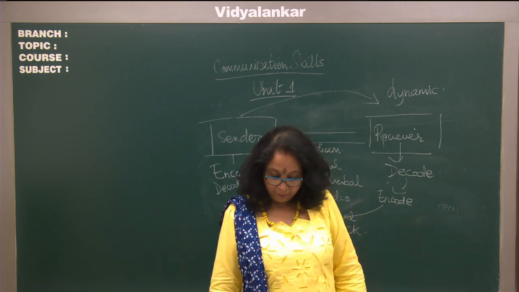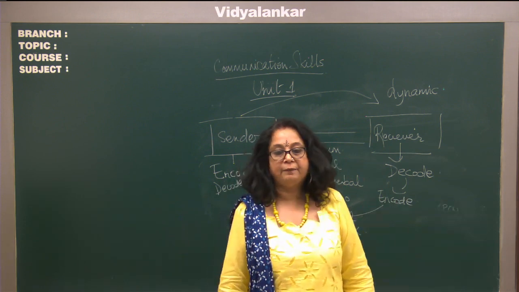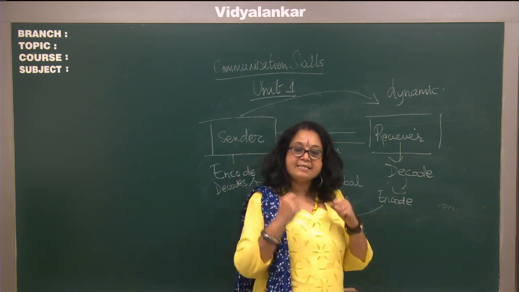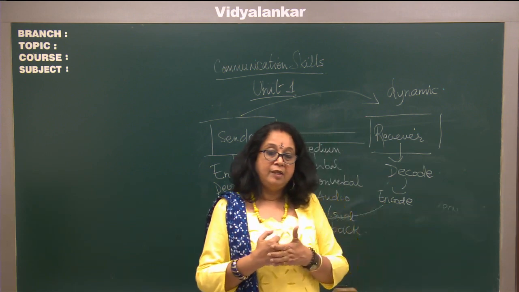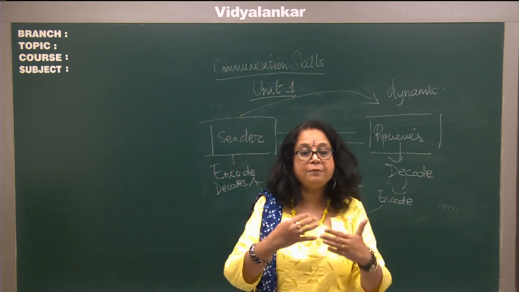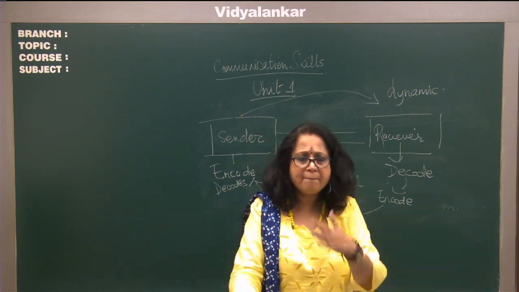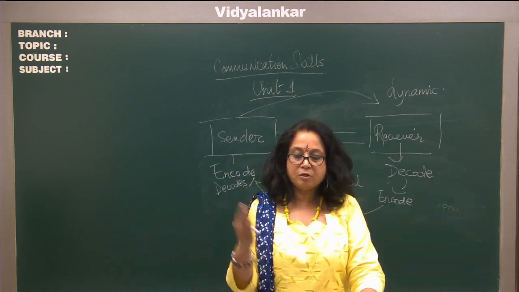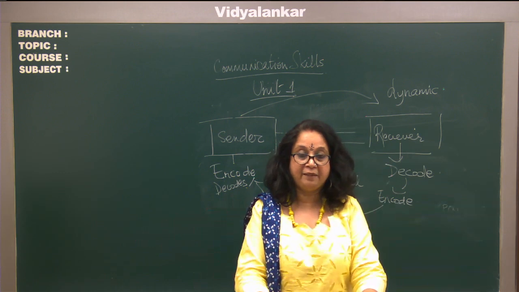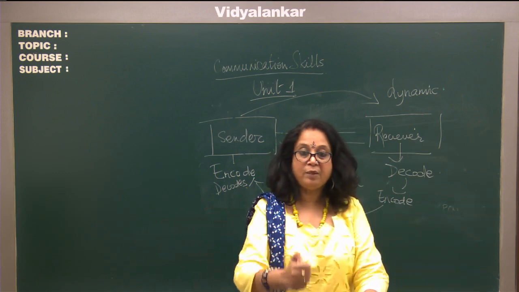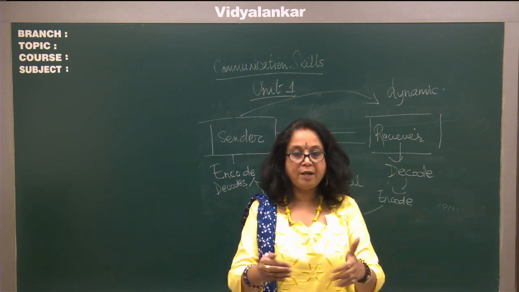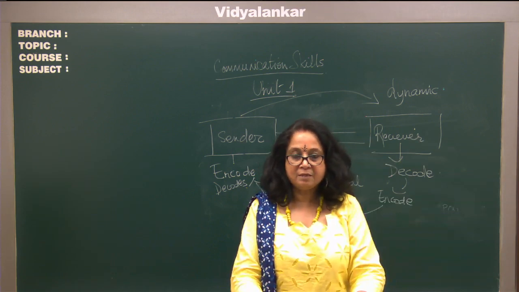I could give you an example of a salesman. A salesman, when he's selling his ware, decides, he encodes, that a face-to-face communication with a person will be a much better way of selling a product, rather than sending him an emailer, because he may look at the emailer, he may not look at the emailer, but he definitely will look at me when I go there with my product. So here is a salesman with his product in front of a customer.